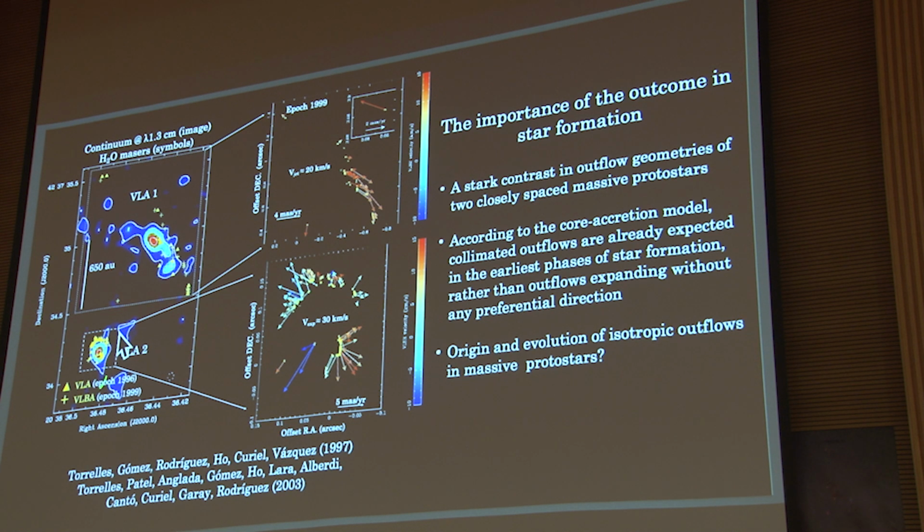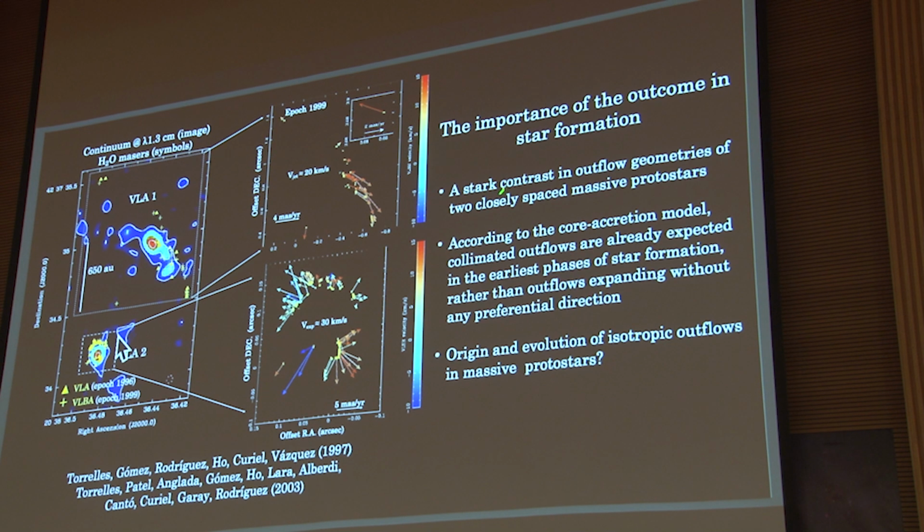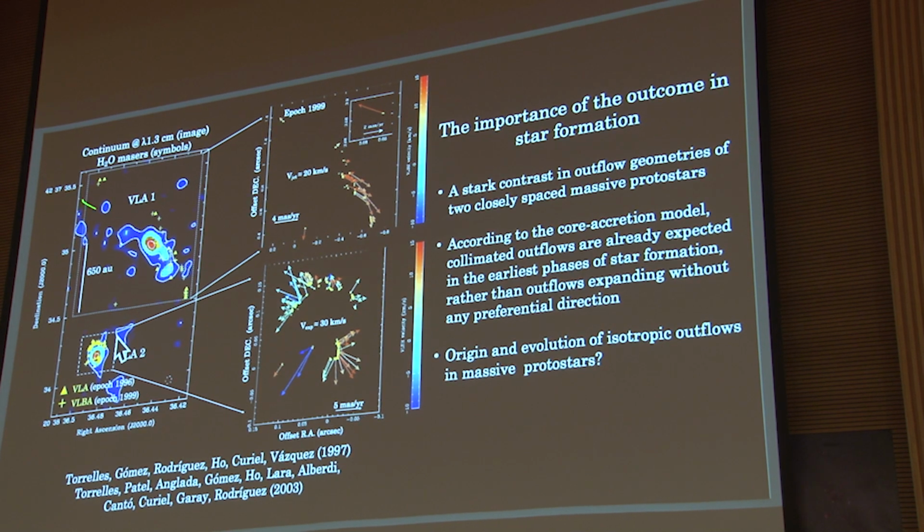Here around VLA2 is a compact continuum source, and each symbol of these is the position of different water masers. So the most important result here was to see first the stark contrast in outflow geometry in 2 sources located very close between them.